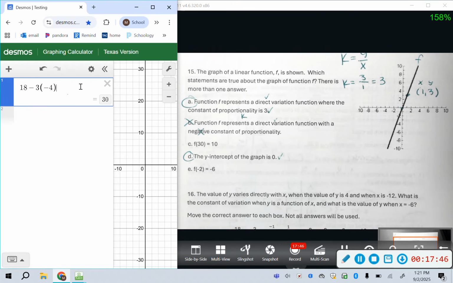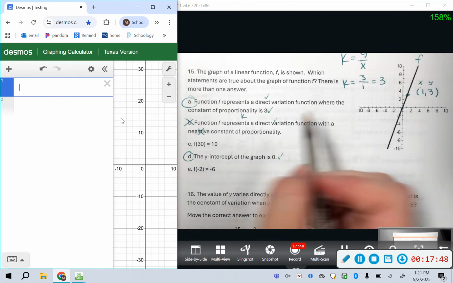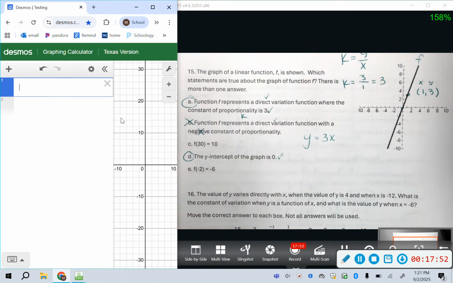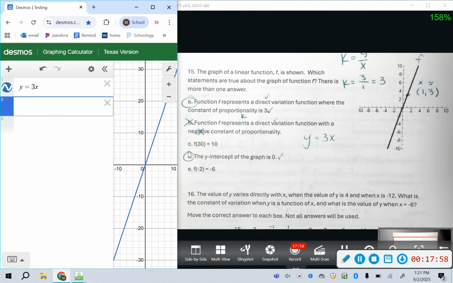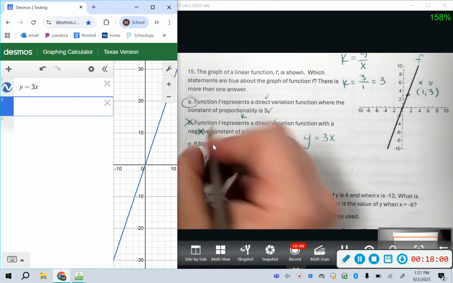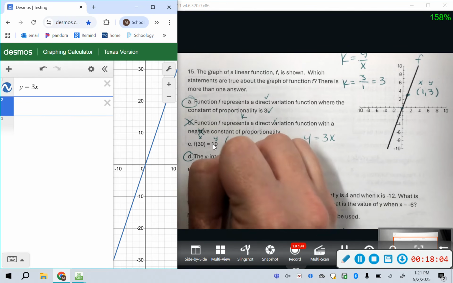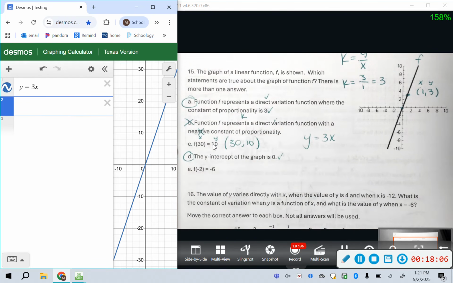So I know if my k is 3, then my equation is y equals 3x. I'm going to type that on my calculator. And I'm going to realize these are points, y'all. I know this is my x and this is my y. So that's the point 30, 10.